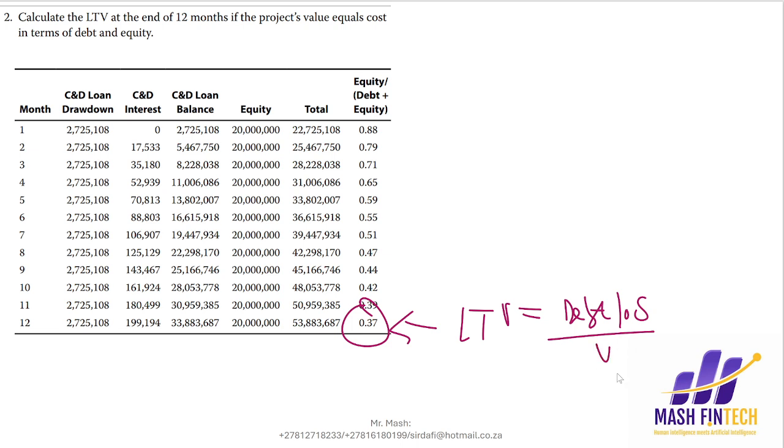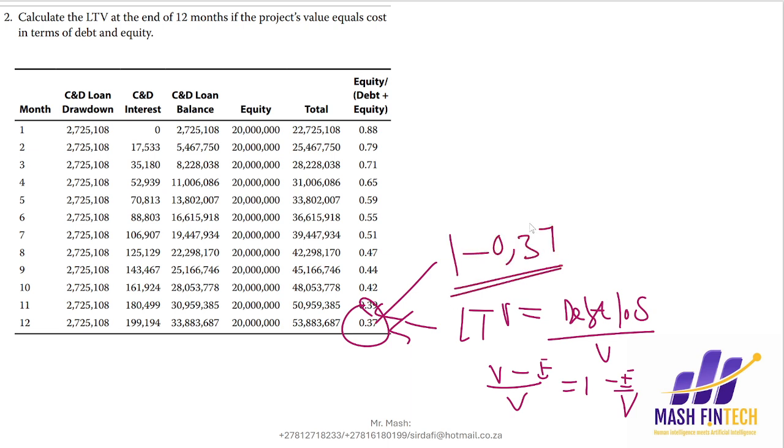We said this debt can be written as value minus equity, over value, which means it can be 1 minus equity over value. So the loan to value can simply be 1 minus 0.37 in month 12. You can calculate it like this, and you get, what answer do you get here? 0.63 probably, but you will try it. It's your homework. You will give it a try and see if you get this.